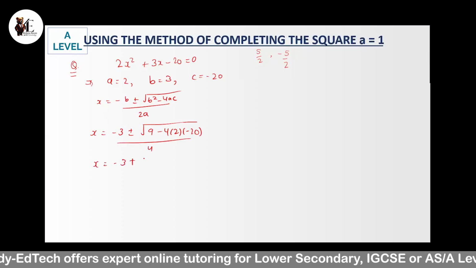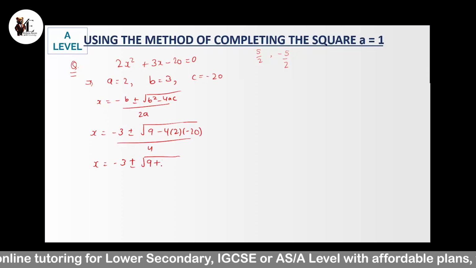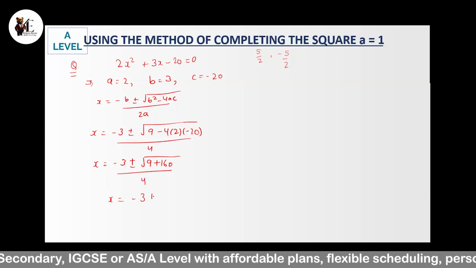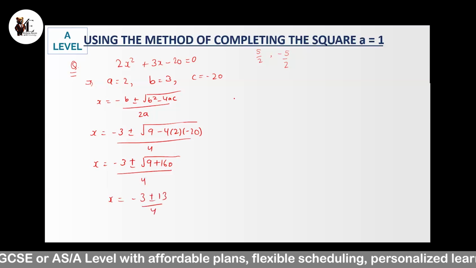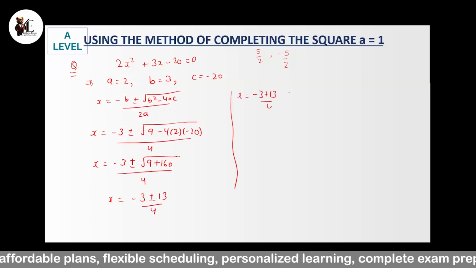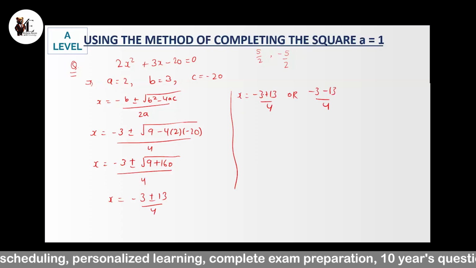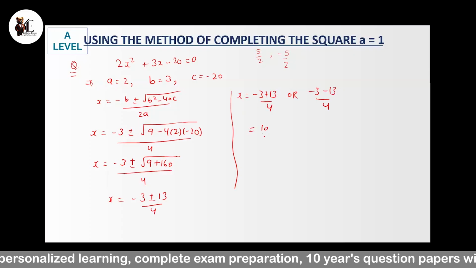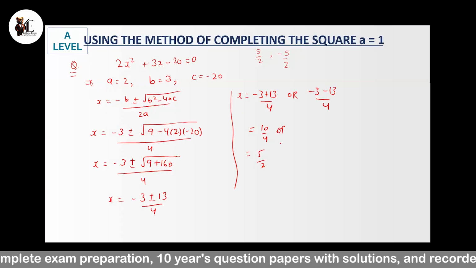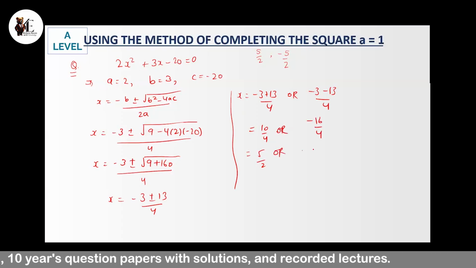X is equal to -3 plus minus square root of 9 plus 4 into 8 into 20, that would be 160, over 4. So X is -3 plus minus 13 over 4. So X is -3 plus 13 over 4, or -3 minus 13 over 4. So that will be 10 over 4, that is 5 over 2. And the next value is -16 over 4, that is -4.